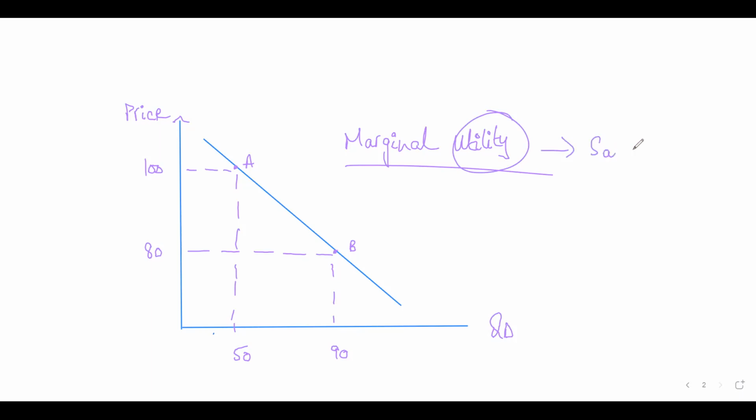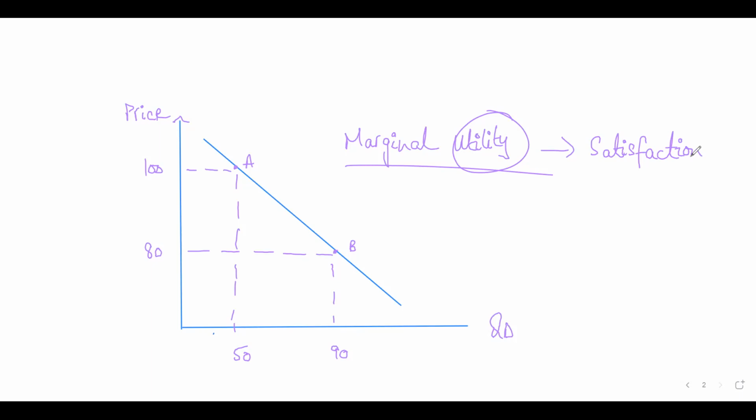Now, you must have noticed this is not something that's only related to economics. This is something that we observe in our daily life, right? Whenever we consume more units of one thing, each additional unit gives us less satisfaction. Like if you're really hungry, you come back home and you say, I'm ordering myself a pizza.